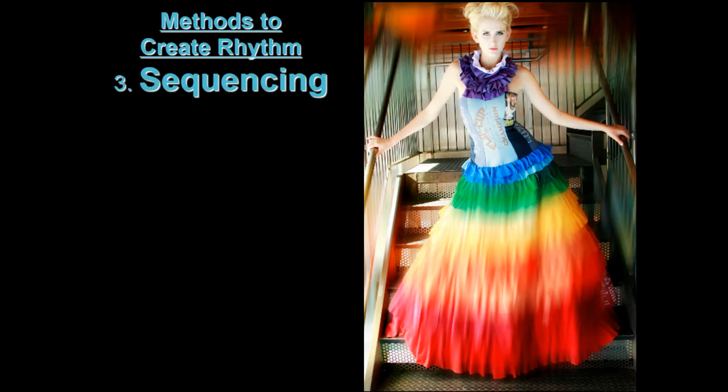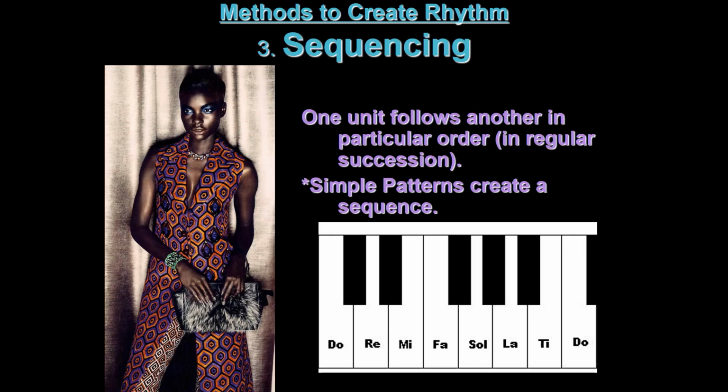So this example of this rainbow type of skirt, again, you can see we know the colors of a rainbow. We know that purple, blue, green, yellow, orange, and red, these are the orders of a rainbow that follow each other in a specific order. On the previous slide, the do, re, mi, fa, sol, la, ti, do, again, this is a sequence, a pattern that is known in music, for example.